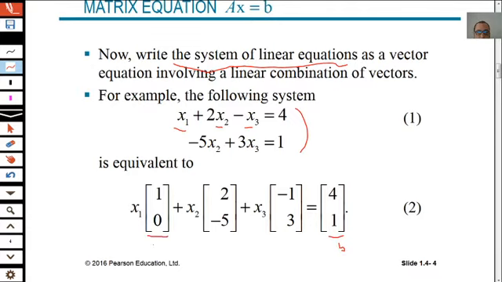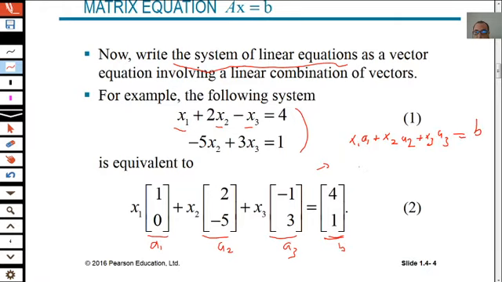So by considering the vectors as columns of a matrix A1, A2, A3, and we have here the vector b, it actually corresponds to x1 times a1 plus x2 times a2 plus x3 times a3 is equal to b.